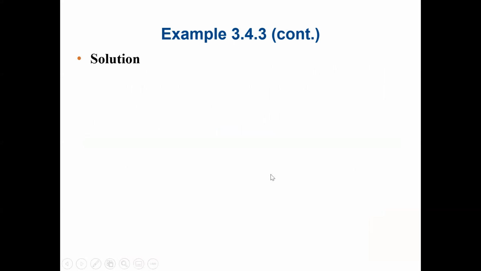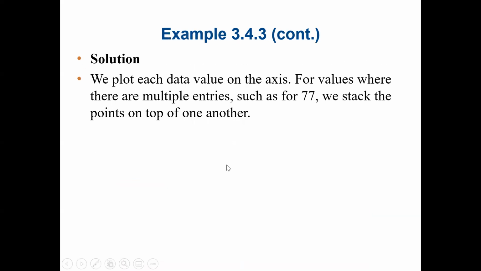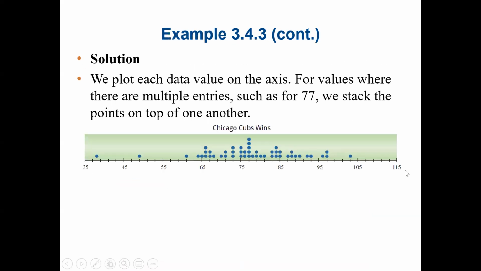So for example, when we look here, we can see the minimum value is somewhere around 35, 61, and the maximum value somewhere around 103 or so. So we construct the axis from 35 to 115. Now, for each value, we plot a point.